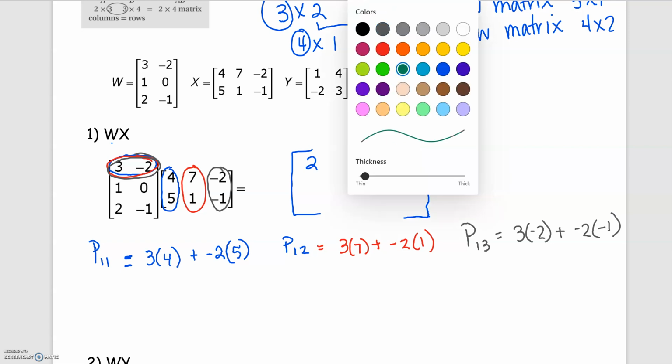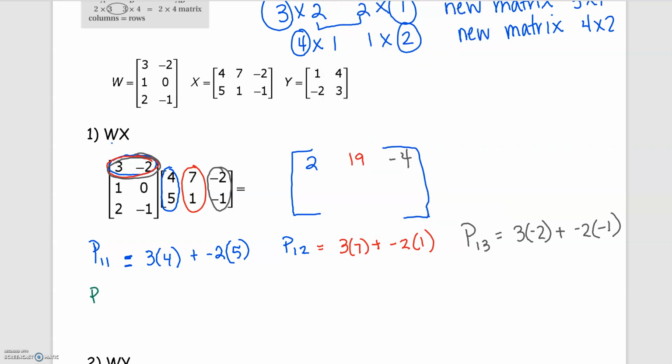Now we're going to move to the second row here. So second row, first column. Continue: 1, first, and 4, 0 and 5. That's 4 plus 0, or 4.